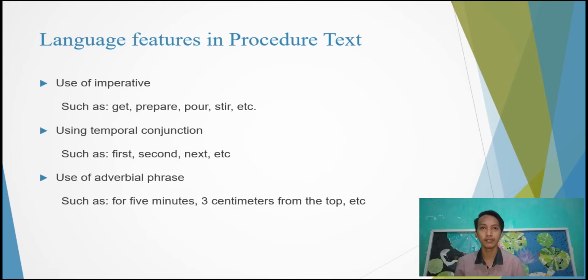This is for the language features. Language feature in procedure text. The first one is use of imperative or command. Maybe the imperative sentence usually is verb 1, such as get, prepare, pour, stir, and then maybe cut, bake, etc. The second one, using temporal conjunction.